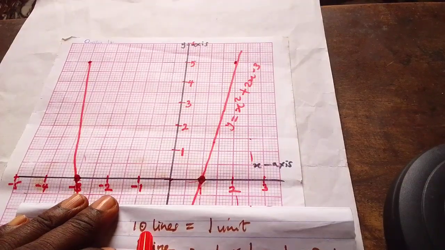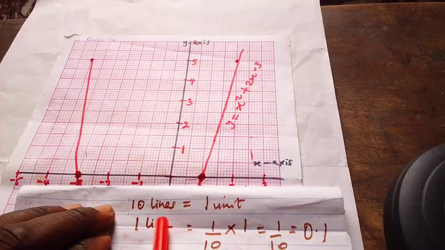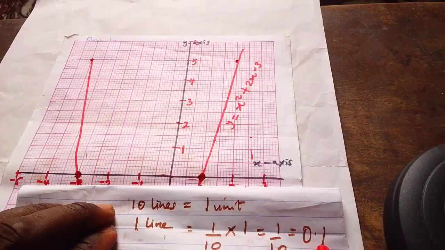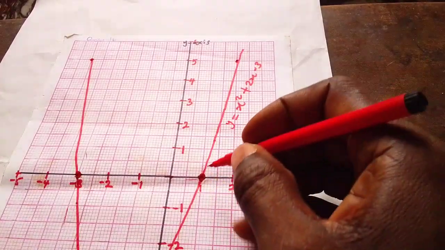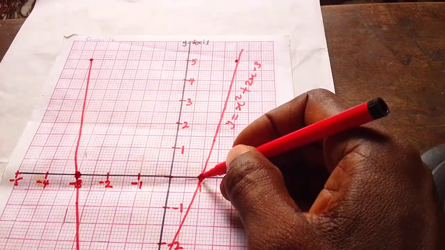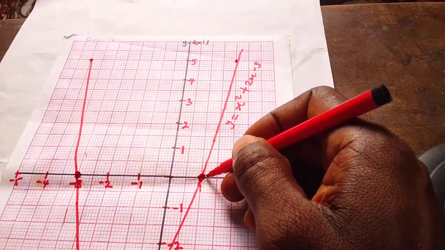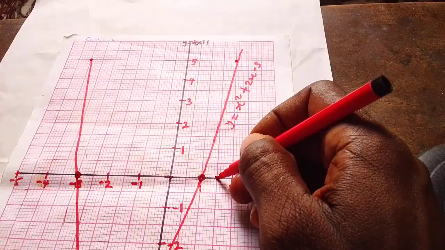If 10 lines is 1 unit, then one line will be 1 over 10 times 1, which gives us 0.1. So the value of each line here will be 0.1. If this point is 1, then 1.1 will give us the next line, then 1.2, 1.3, 1.4, and 1.5 will be here on this point.